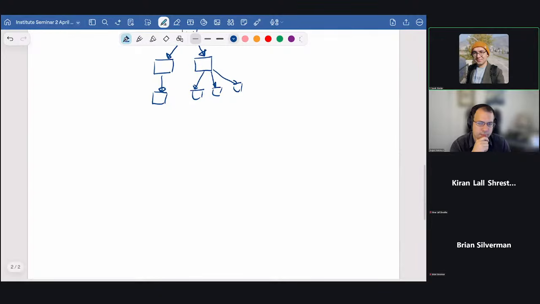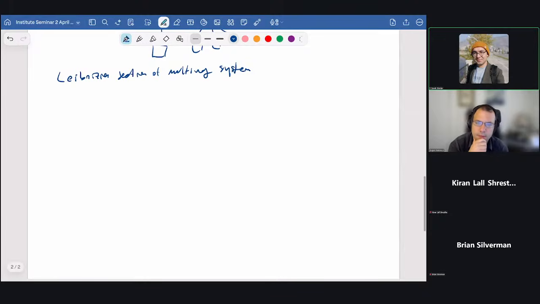Okay, we have the idea of a multi-way system. Then in our study, we focus on the Leibnizian section of the multi-way system.